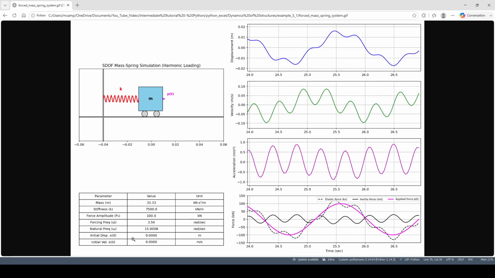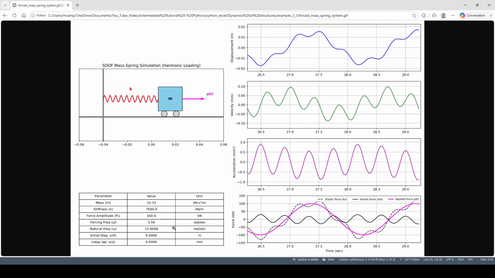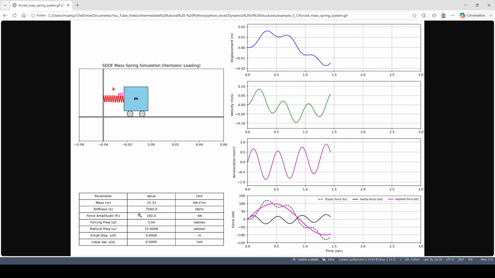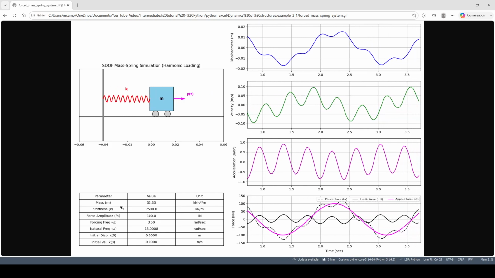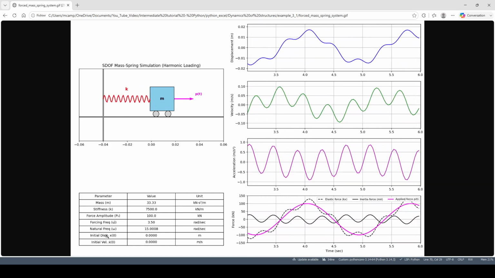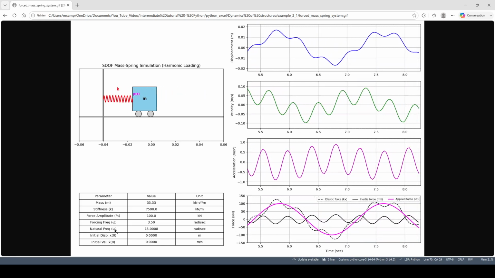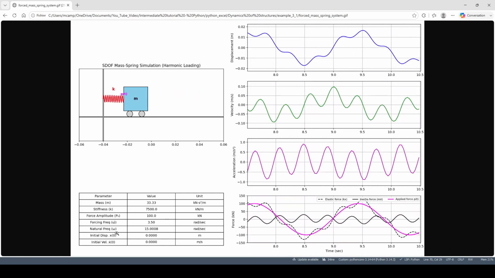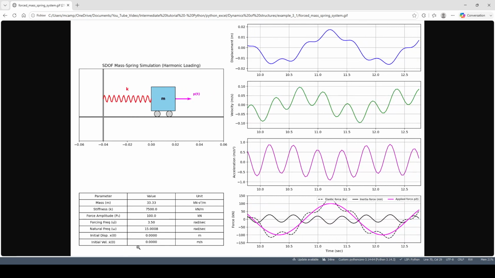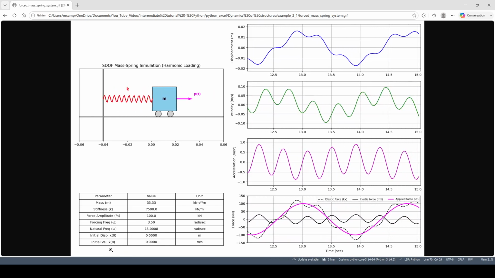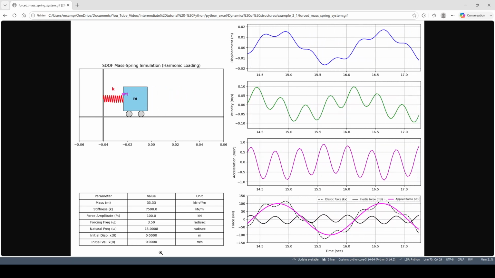Here there is the table with the values of the system: mass, stiffness, force amplitude, force frequency, natural frequency. And after, the initial displacement and the initial velocity, in this case, are equal to 0.